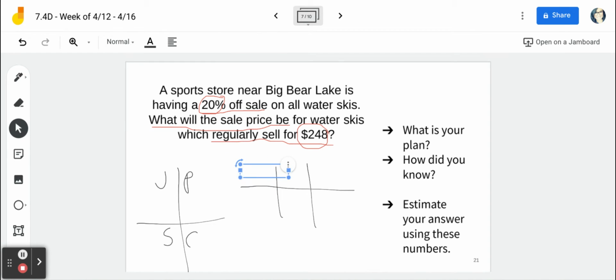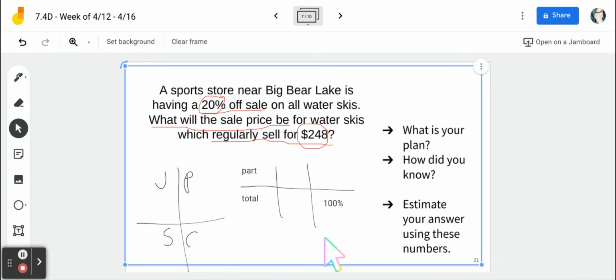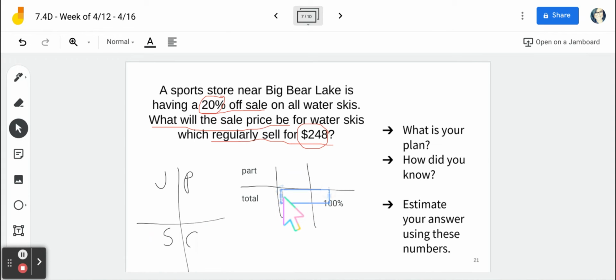So here we have the part and total and 100%, just like yesterday's problems. It looks like the total cost of the water skis are usually $248. And they are 20% off.